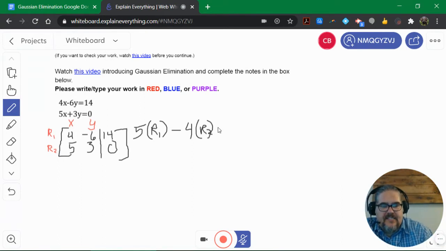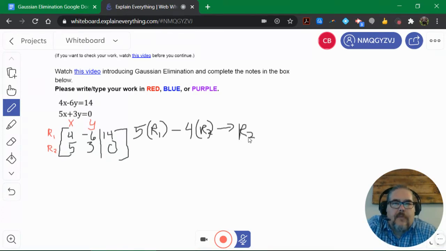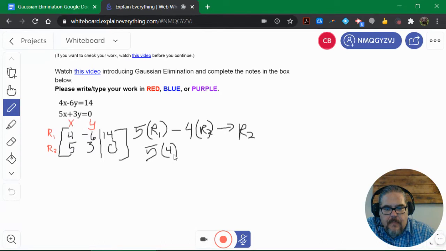And then what this is going to do, and this arrow means it's going to replace, so we're replacing row 2 with that value, okay? And so let's go ahead and do that. So 5 times, let's deal with these x's first, okay? So 5 times the 4 minus 4 times the 5.